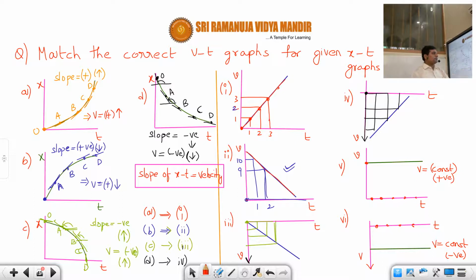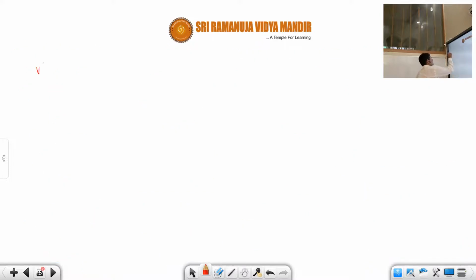Now suppose 5 and 6 I have given, that is V is constant. That is slope. Okay, students, that is positive, V should be positive and constant VT graph. Suppose sixth one is V is constant negative, like this graphs are given. Now if you are asked to find out xt graph, then how will you do, students? Just think about it. So let us see that one. The fifth one and sixth one.